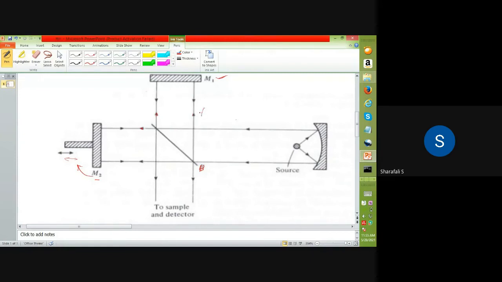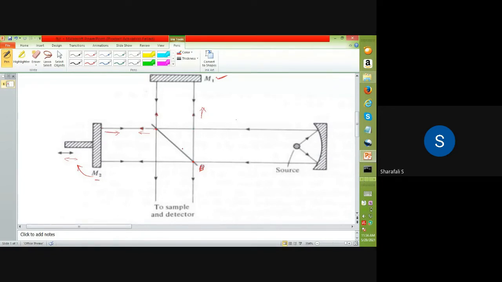So half of the radiation will go to mirror M1, and half of the radiation will go to mirror M2. And it will come back after hitting those mirrors, and the radiation will be intersecting at this point. Similarly, those radiations hitting this part of the beam splitter will again be intersecting at this point.